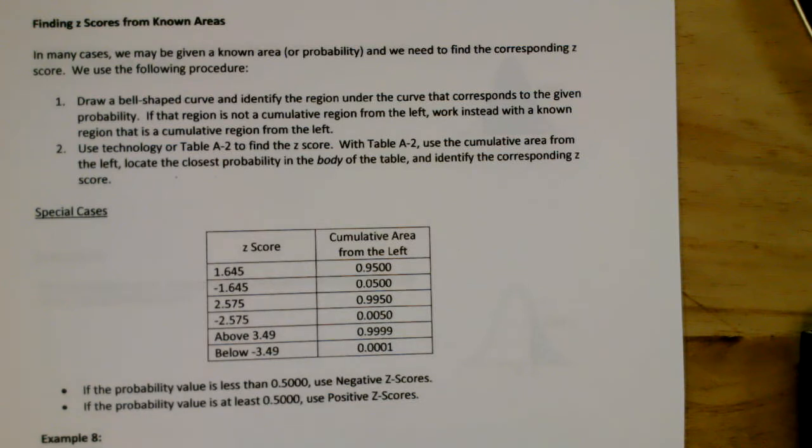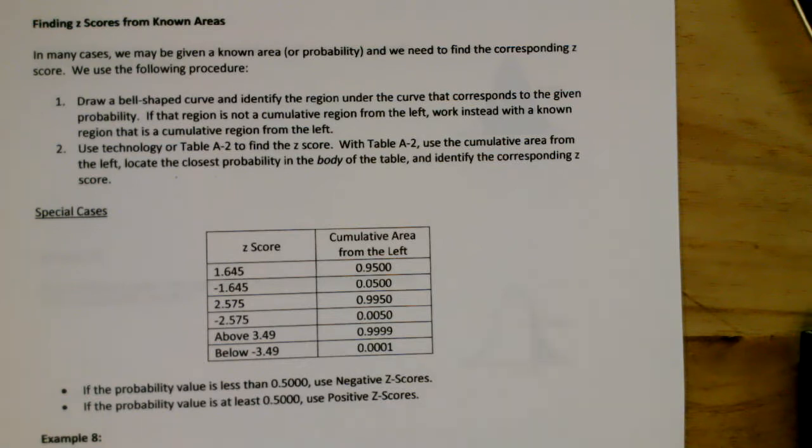So here we're going to use the following procedure. Number one, you want to draw a bell-shaped curve and identify the region under the curve that corresponds to the given probability. If that region is not a cumulative region from the left, then you're going to work instead with a known region that is a cumulative region from the left.